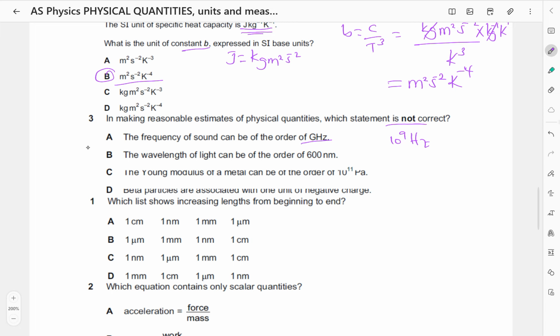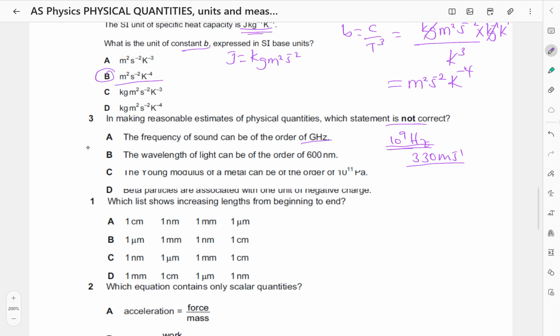Remember, sound travels at a speed of around 330 meters per second. Sound undergoes diffraction because it has a longer wavelength. If sound has a longer wavelength, then its frequency cannot be that big, because frequency is inversely proportional to wavelength.